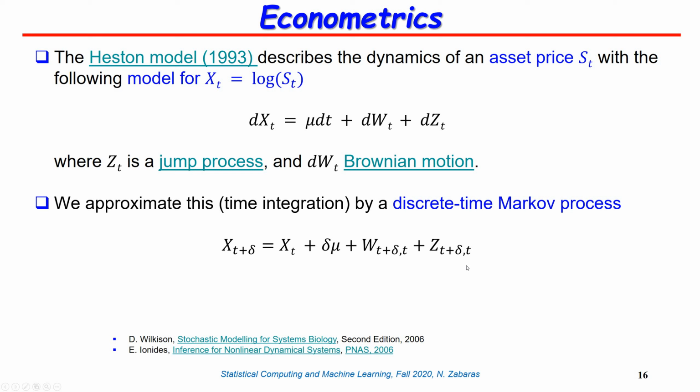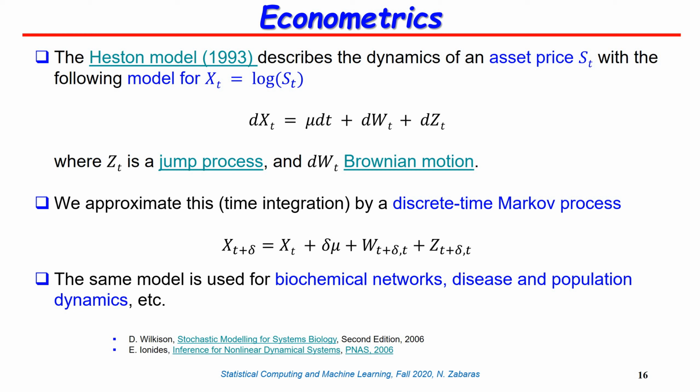Again, there are dedicated textbooks on this subject and courses, of course. And this model is not limited to the price of stocks or econometrics in general. The same type of ideas can be used in biochemical networks, in population dynamics, disease modeling, and many other related subject areas.